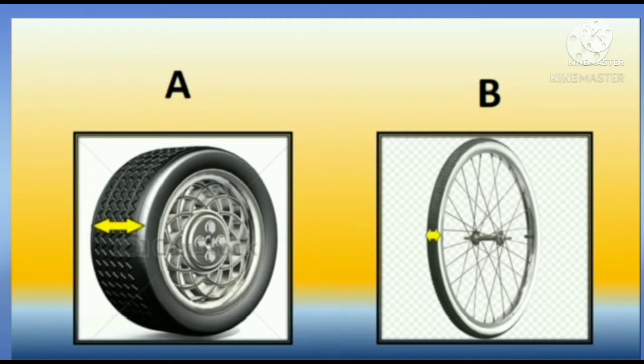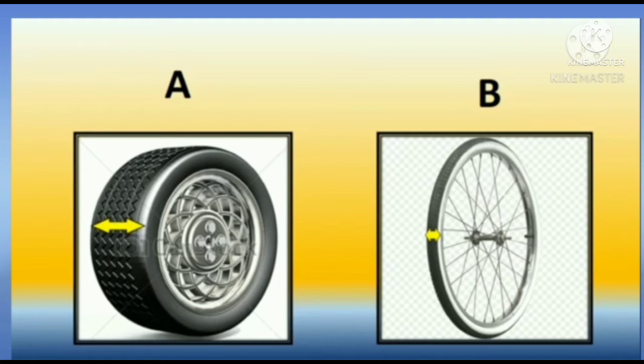Now students, the width of picture A is more than picture B. Therefore, picture A is thicker than picture B. Similarly, the width of picture B is less than the width of picture A. Therefore, we can say picture B is thinner than picture A.